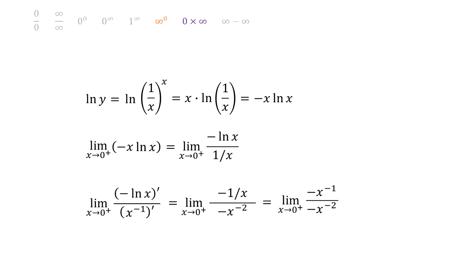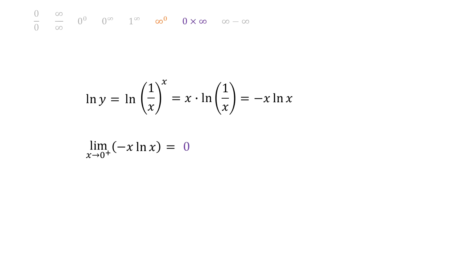Simplify this expression. Replace x by 0 to find the result. And there it is. The limit is 0. Now that we've worked out this limit, let's go back to the original one. Since e raised to 0 is 1, that means our final result is 1.